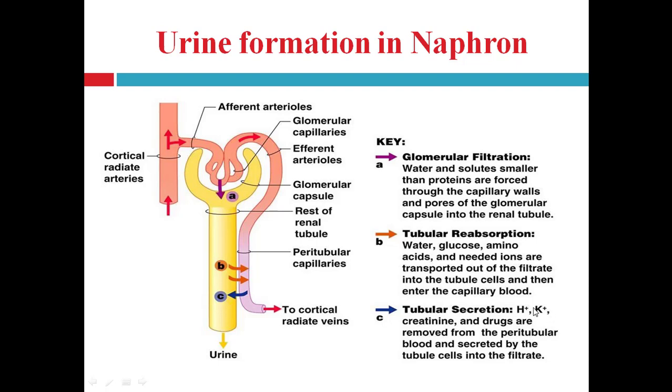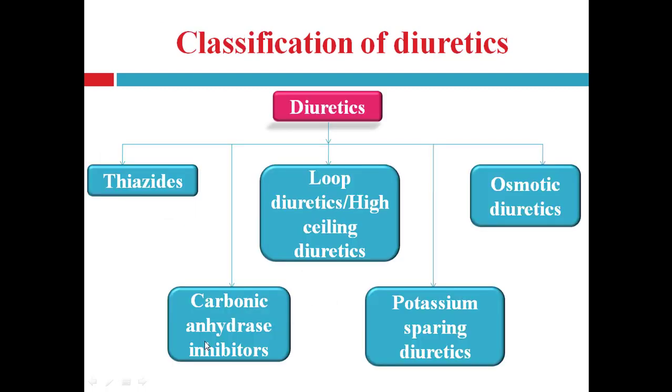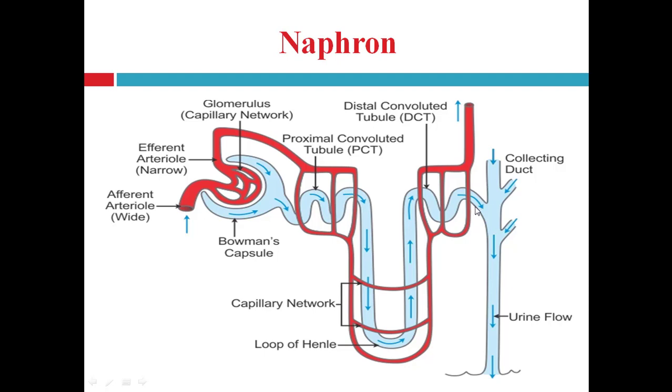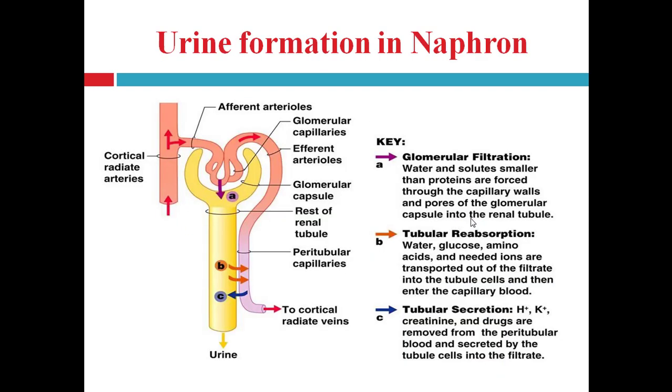For example, drug molecules, creatinine, H plus ion, K plus ion, potassium ion, right, are secreted by the tubule cells into the filtrate, right, and this urine is collected here in the collecting duct. Final urine is collected into this collecting duct, right.